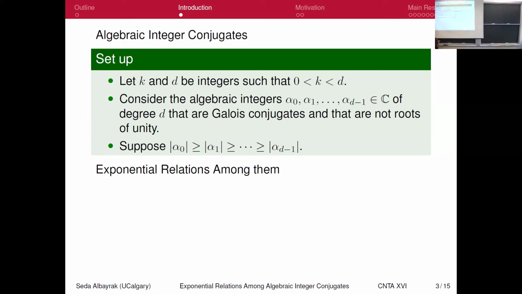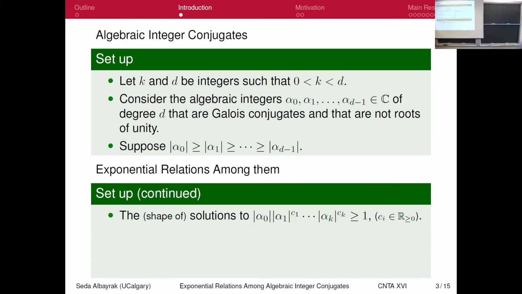So what do I mean by exponential relations? This is the inequality that we mean when we say that. You see here the exponents are on top of the Galois conjugates' moduli. We are looking at this type of product, and we want to look at the solutions that are the k-tuples.